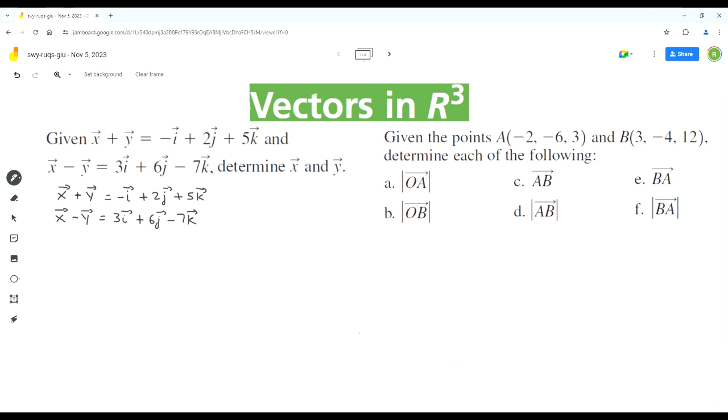So we have to solve these two equations to find the vector x and vector y.